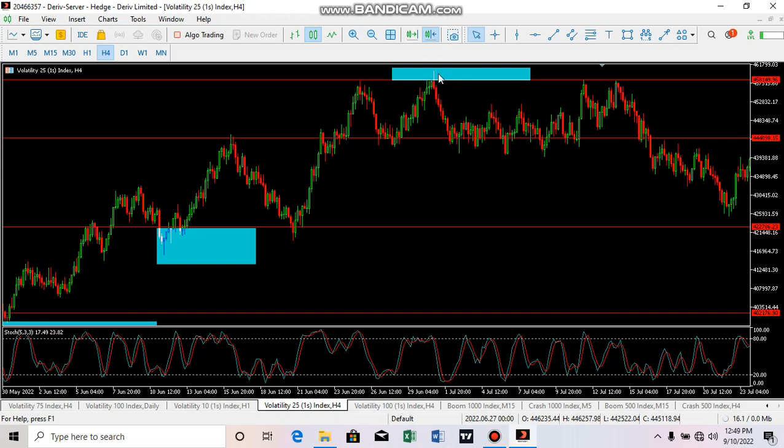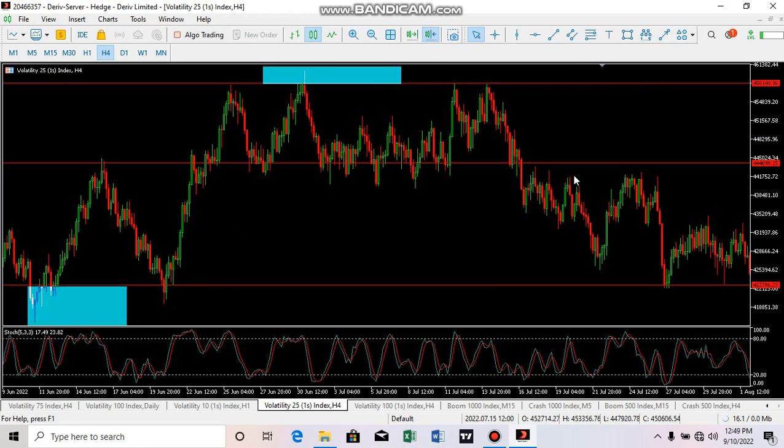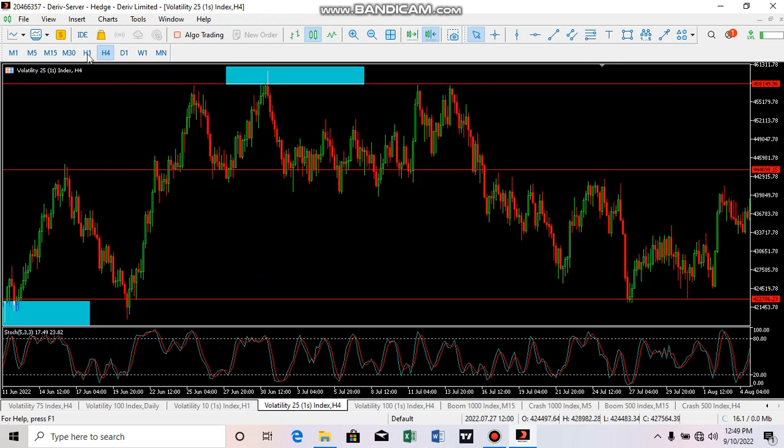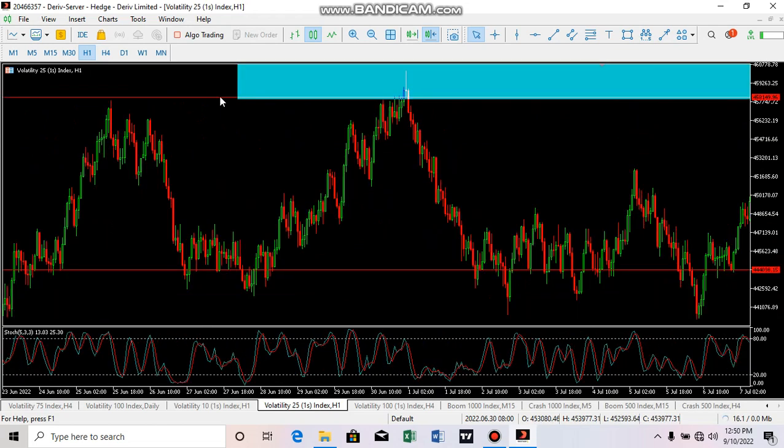These rejections are manipulations, because you can see here it's some sort of a breakout. Here it's still a rejection. Here it's some sort of a breakout, as you can see. So what we're waiting for is for this breakout to catch the other traders at the wrong side of the market, right?